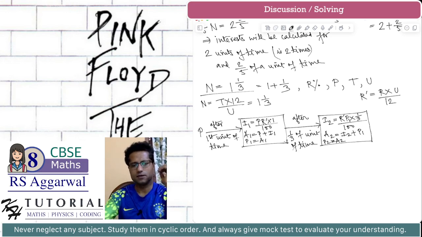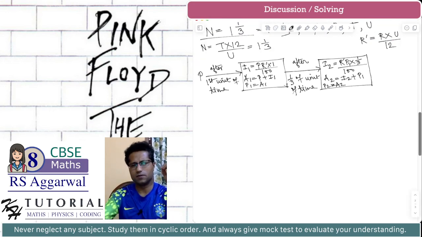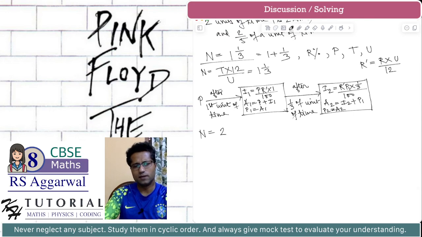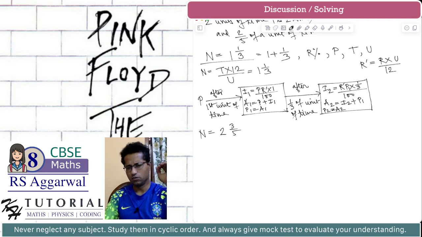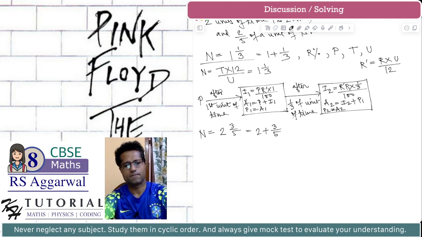Okay, let's take another example. Let's say for some t and u, n is coming to be 2 and 3/5. That is, t multiplied by 12 divided by u is coming to be 2 and 3/5. So this basically means 2 plus 3/5.